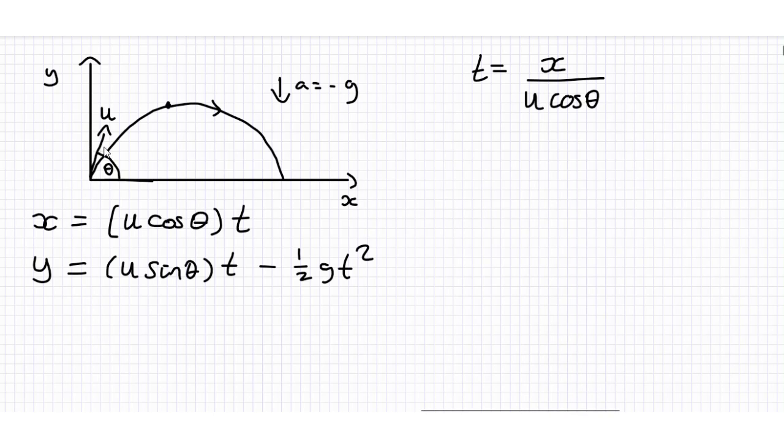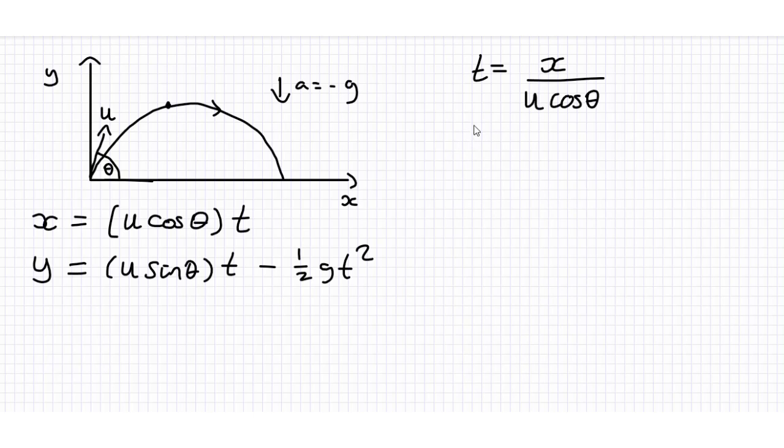That's not very interesting motion. We're not going to consider that with projectiles because there would be no x component, so that would just be pointless, so we don't worry about that, and we can divide by cos theta.